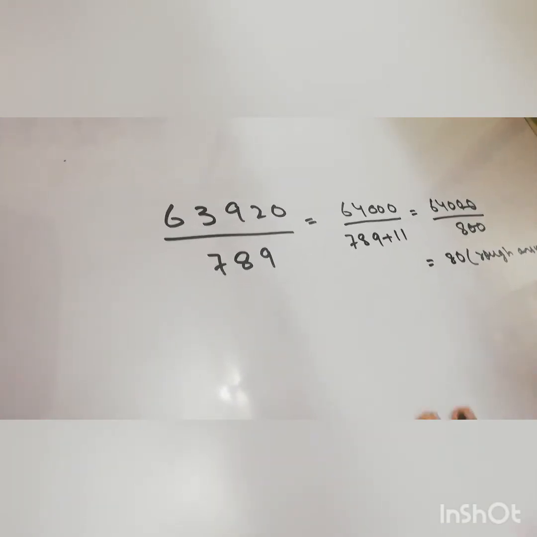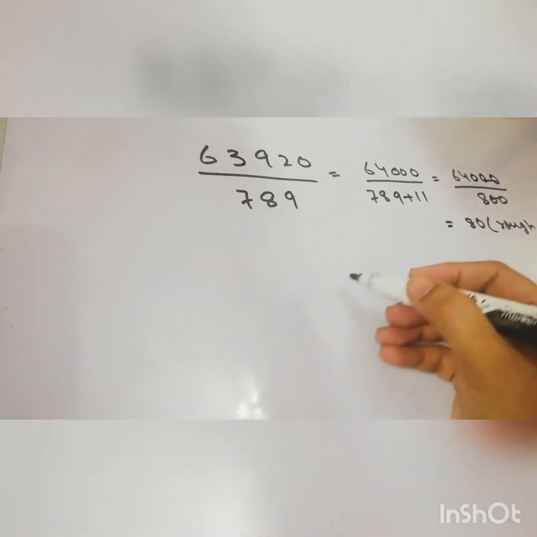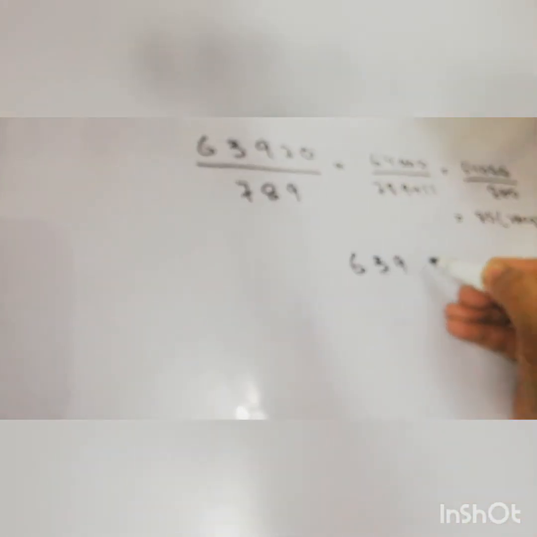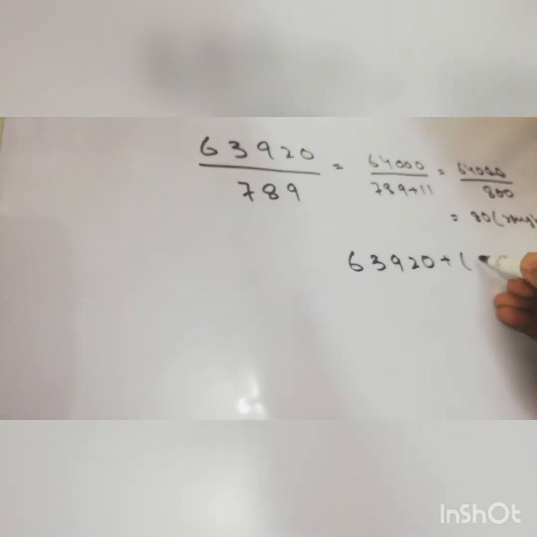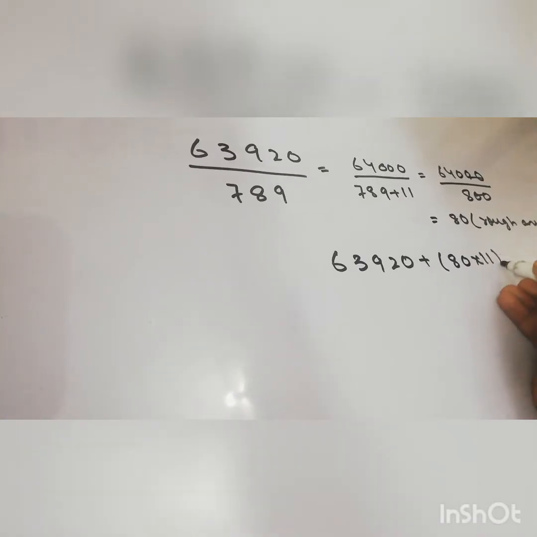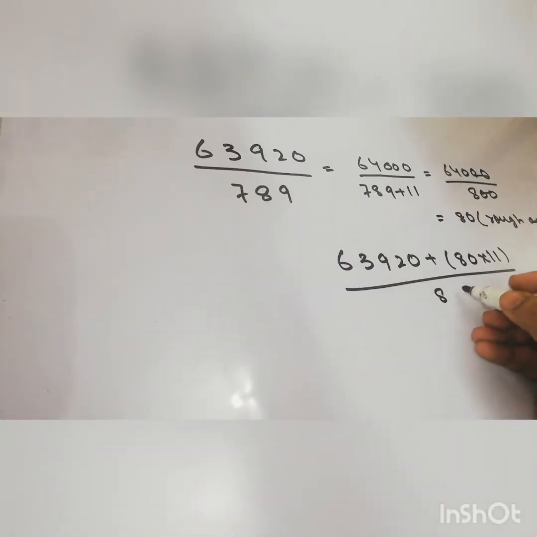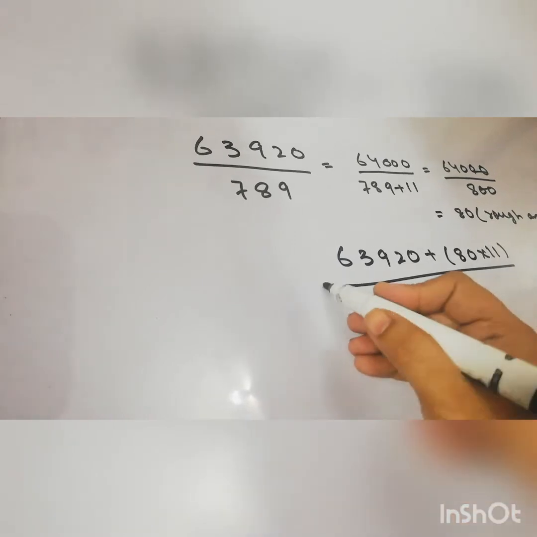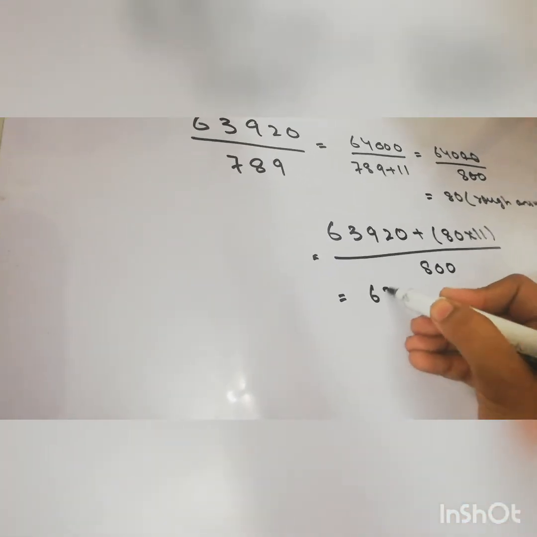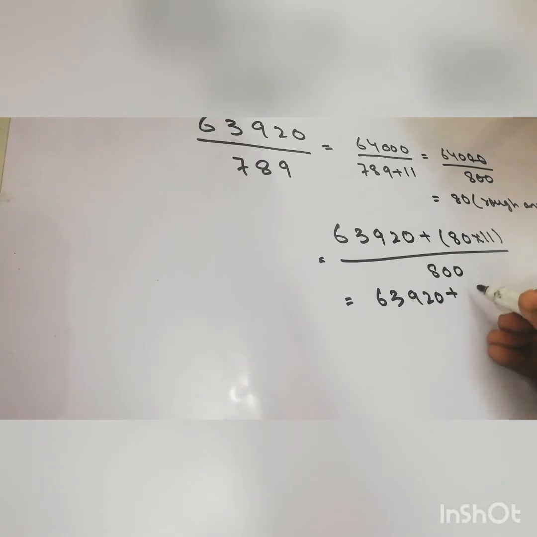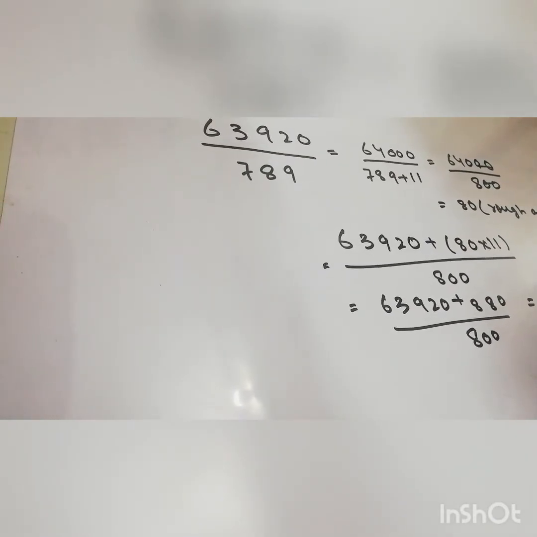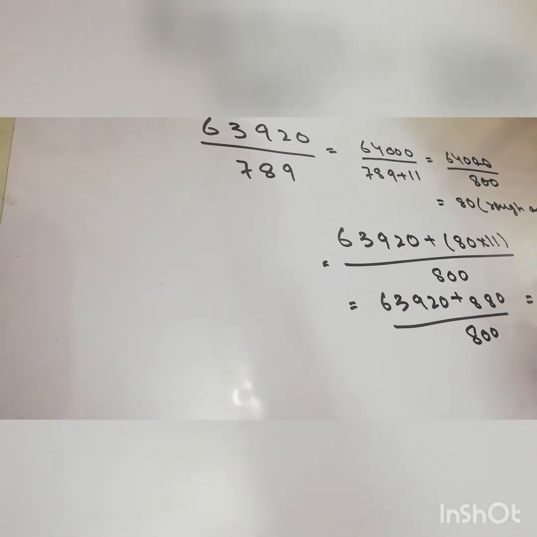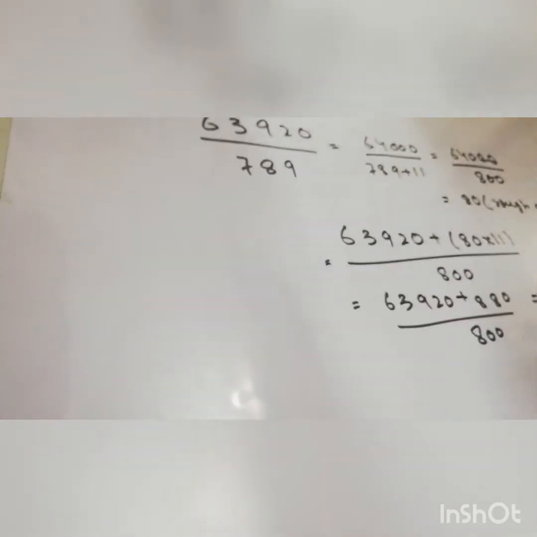Now friends, in my next step I will add the multiple of 80 and 11 to 63920. So it will become 64800 divided by 800, which will become 81 after dividing.